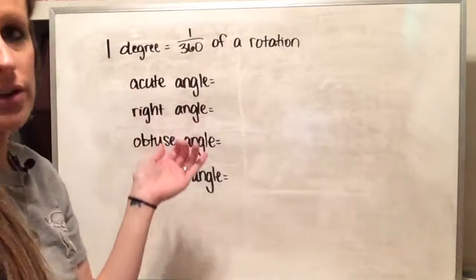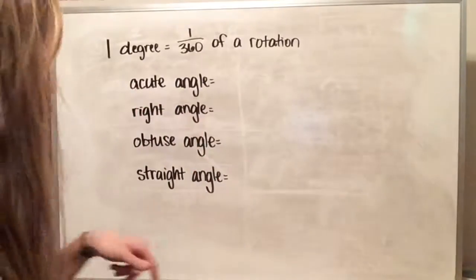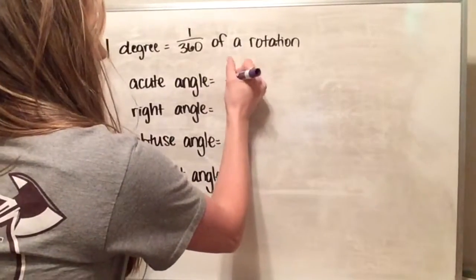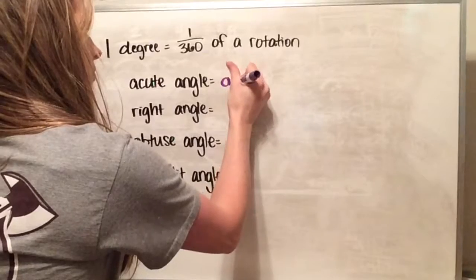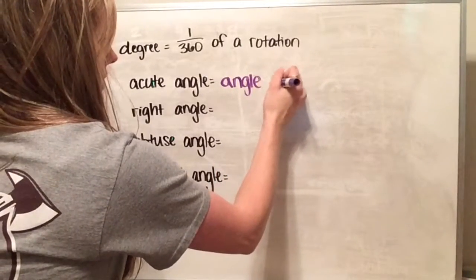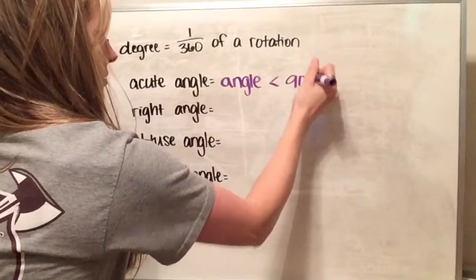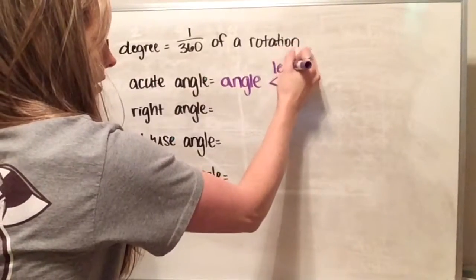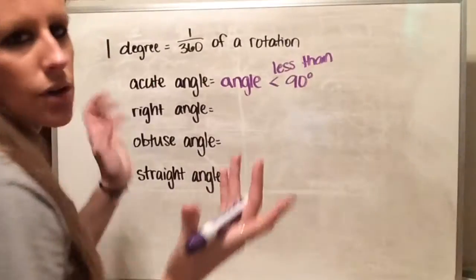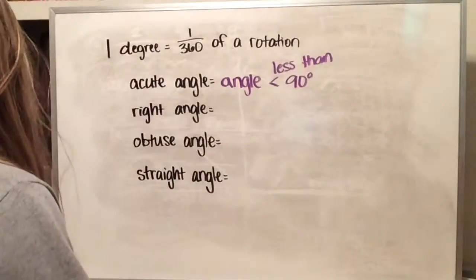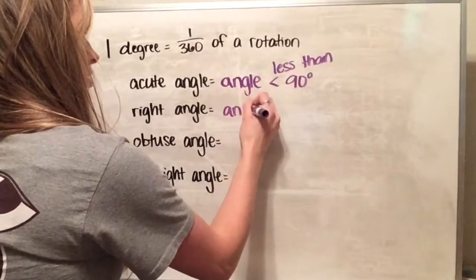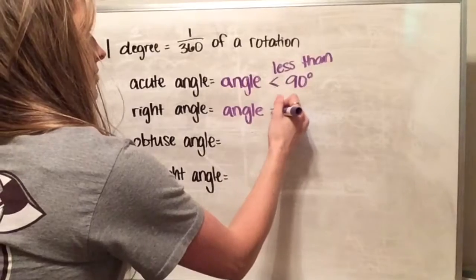Okay. If we talk about acute angles, and y'all probably know these terms, an acute angle is going to be an angle measuring less than 90 degrees. So it's an angle that is less than 90 degrees. And you can write it out, less than. These are your notes, so whatever helps you guys. A right angle is going to be an angle that measures 90 degrees.